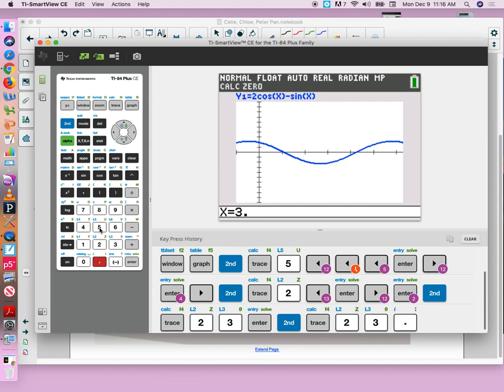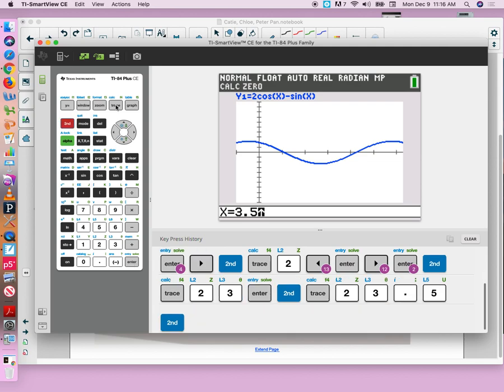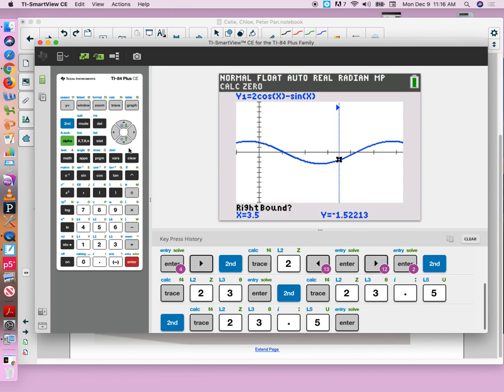Could you just do second calc zeros and then you just type it in? All right, I'm going to do it again. Second calc 0. You see where it says left bound? Right now, I'm going 3.5. With my fingers, I would be pushing those keys. And hit enter. And then I can put in something that I know is just past it, which would be 5.